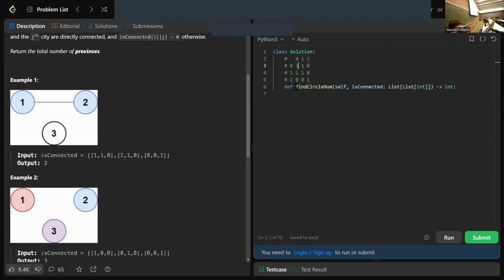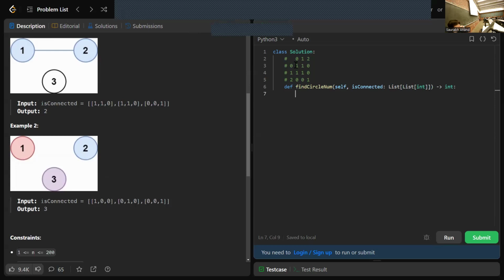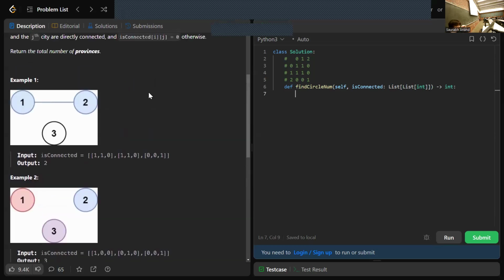That means the column 0 is connected to 1, like node 0 is connected to node 1. Actually here they're labeled 1-indexed, like 1, 2, 3, so that really means 1 is connected to 2. And this 0, for example, means that 3 is not connected to 2, there's no connection. And the ones along the diagonal just mean that a node is connected to itself, which sometimes they don't use that formatting. But anyways, let's get into the code.